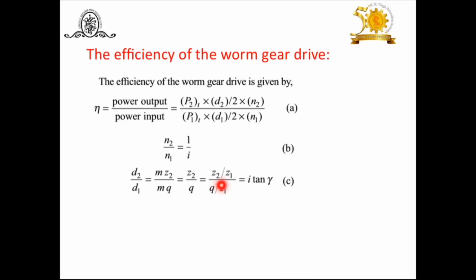Arranging the terms, dividing both by Z1, Z2 by Z1 upon q by Z1, you will get the value equal to i upon 1 upon tan gamma. Making the arrangement of the equation, you will get i into tan gamma. This is equation number C, as tan gamma is equal to Z1 upon q.